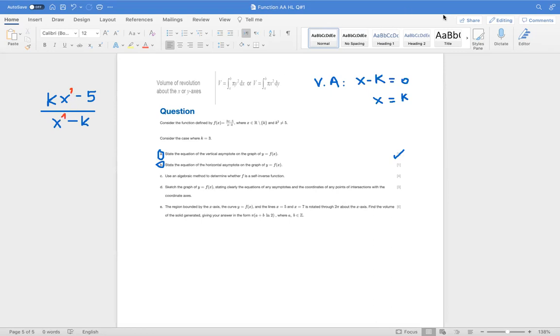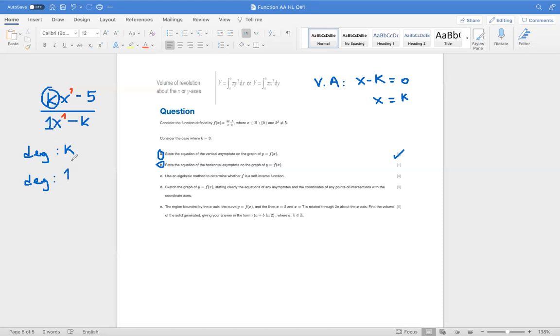At this stage, we need to check the leading coefficient of the highest degree for the numerator and for the denominator. The first one is the numerator, whose degree is 1 and the leading coefficient is k. How about the denominator? The leading coefficient is 1.